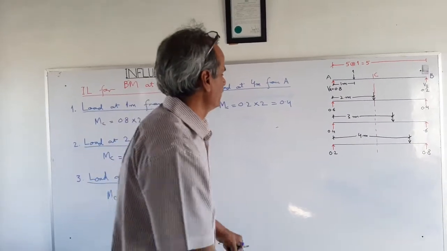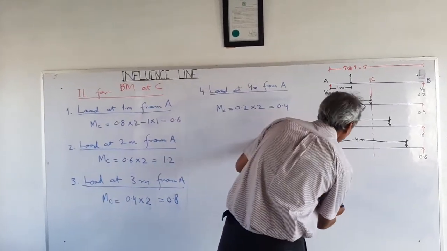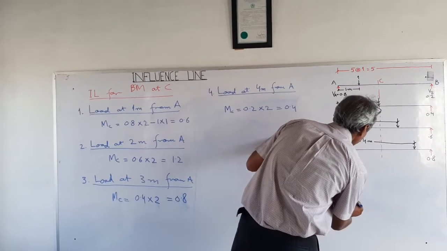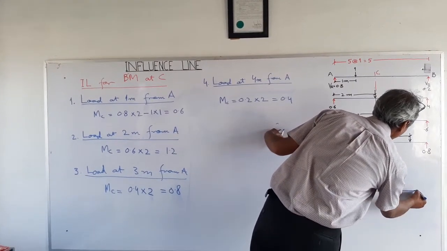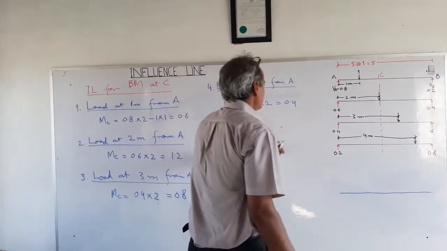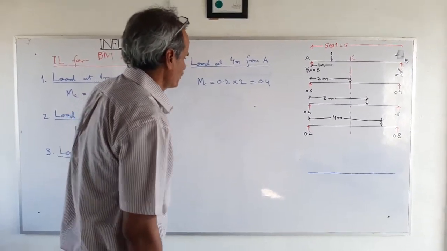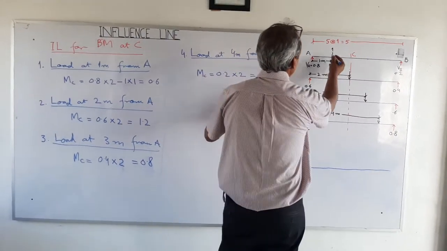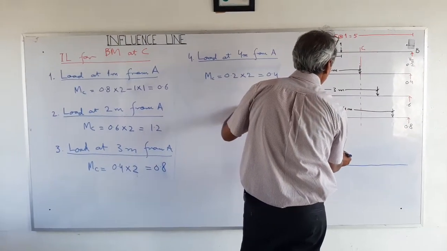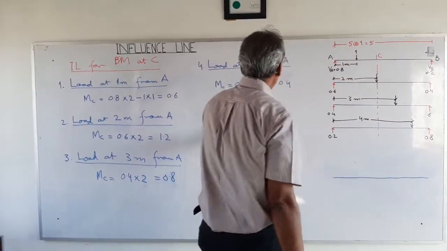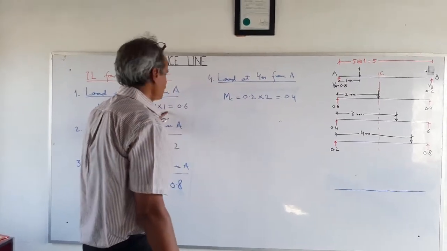Now we draw the influence line with the help of these values. If this is the reference line, when the load was at the spot it was 0, and when the load moved onto this position, the value was 0.6.